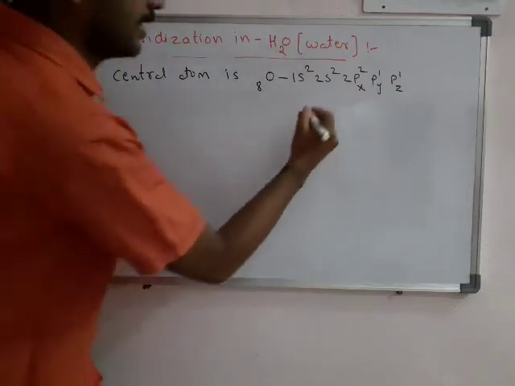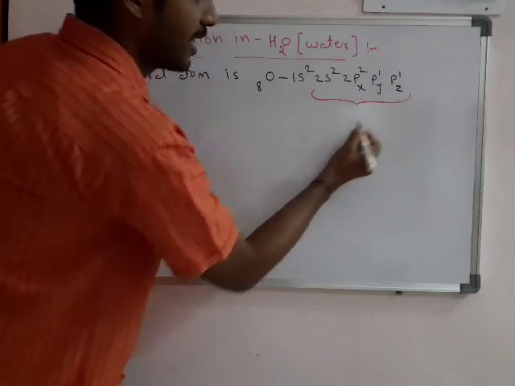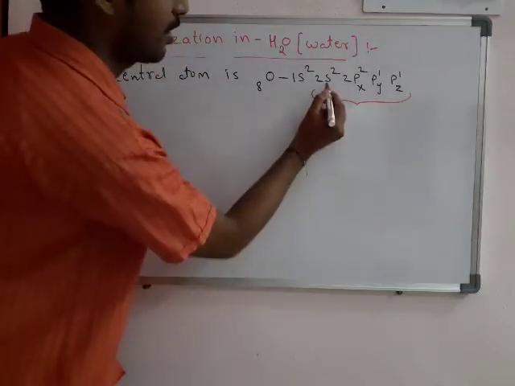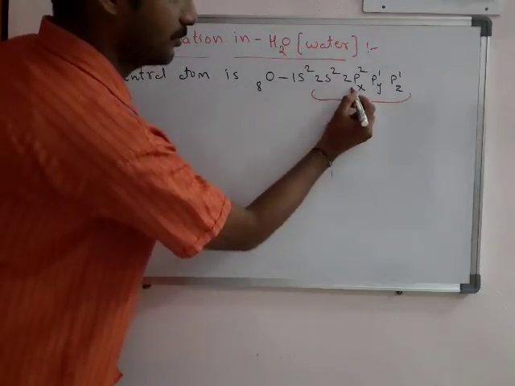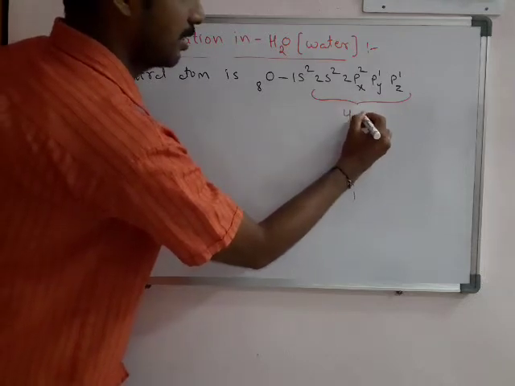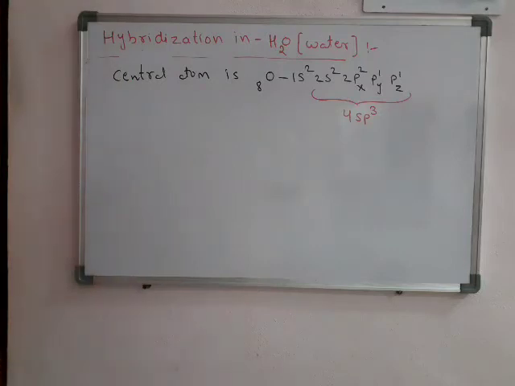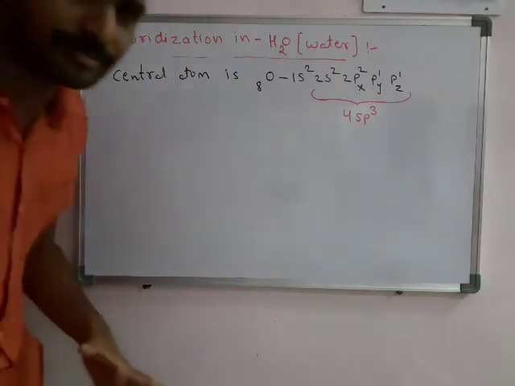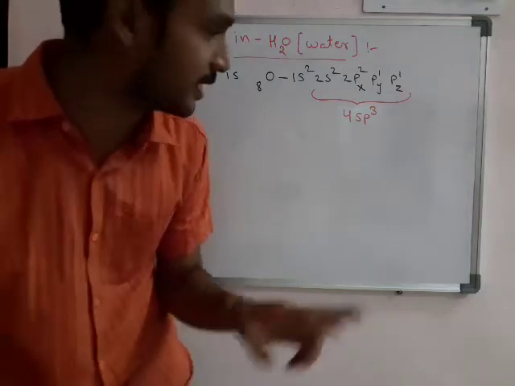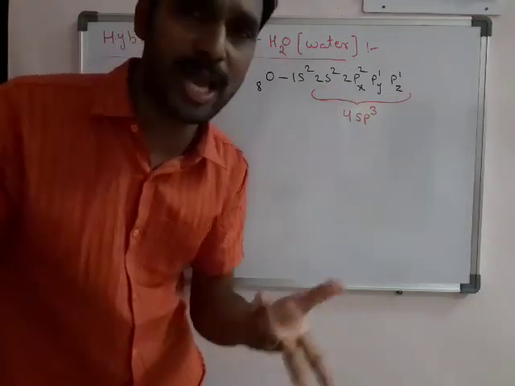At this position, this oxygen undergoes sp3 hybridization. 1 s orbital and 3 p orbitals form 4 sp3 hybrid orbitals. In the 4 sp3 hybrid orbitals, what is the arrangement of electrons? The arrangement of electrons is the same as before the hybridization.